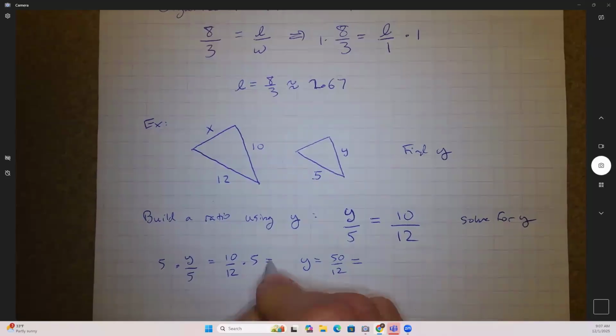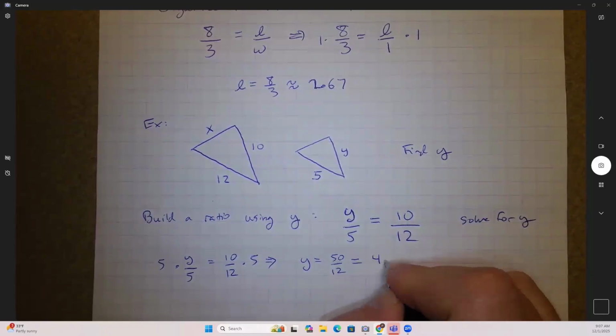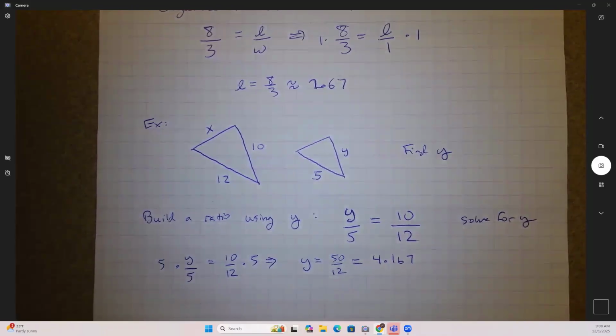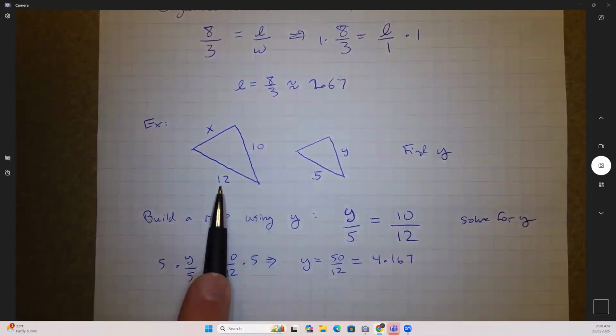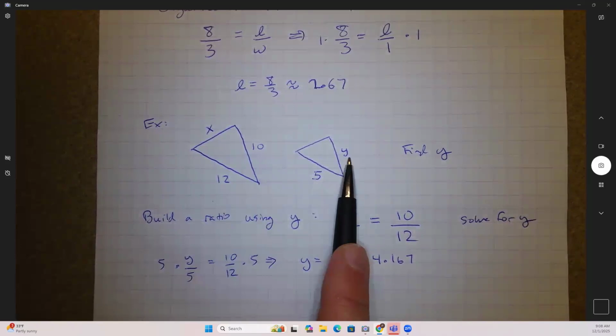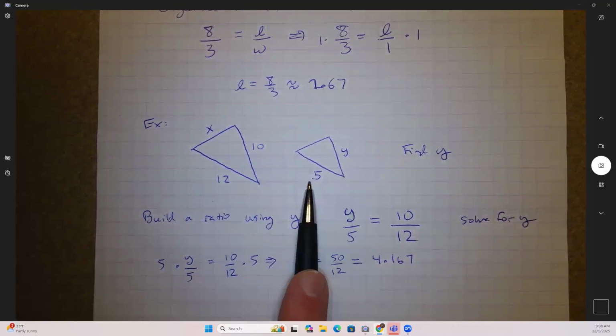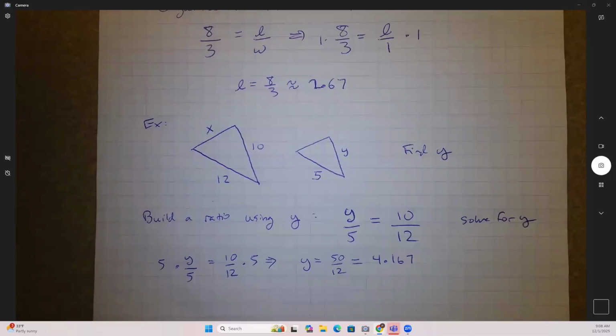And working with geometry, I think it makes more sense to have decimals. 4.167 about. And now we do a quick check. 10 is a little bit less than 12. 4.167 is a little bit less than 5. Makes sense.